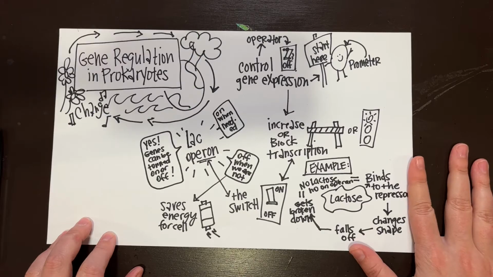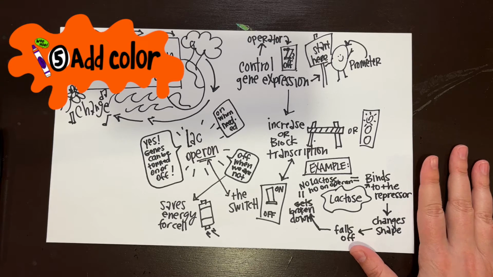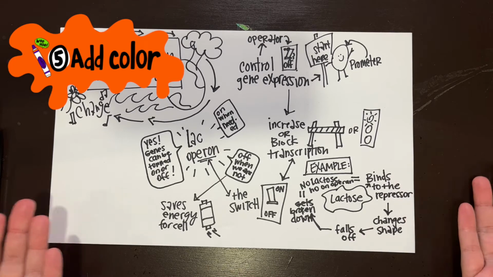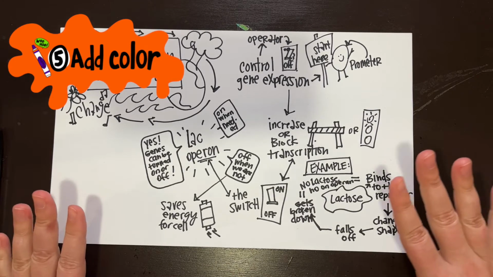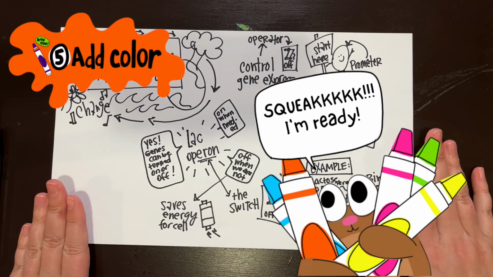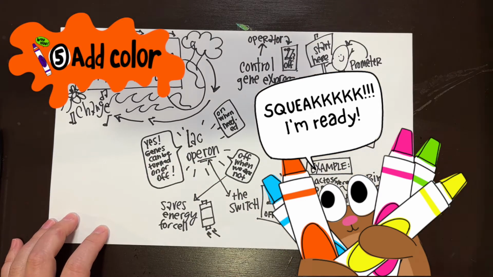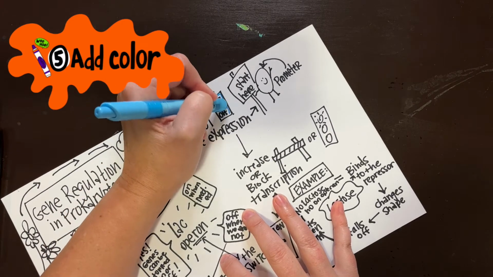And so now what I'm going to do is I'm going to add color to this. And so color can be added just to make it fancy and cute, or color can be used to connect different parts of information. And for this one, I'm going to pick colors to connect my sketch note together. So anywhere there's something about an operator, I'm going to make it in blue.